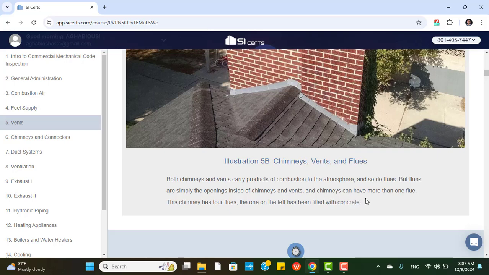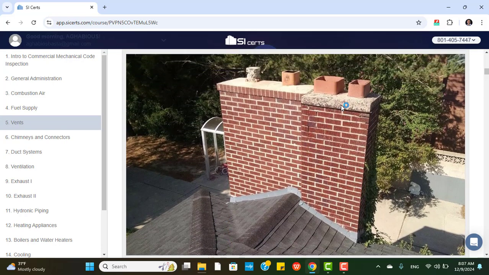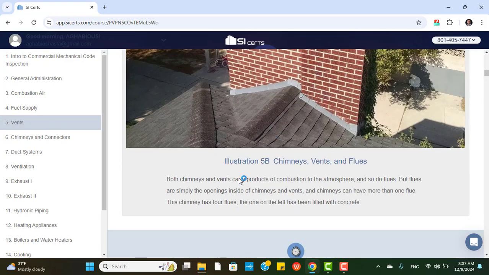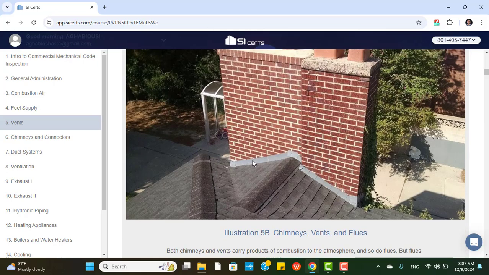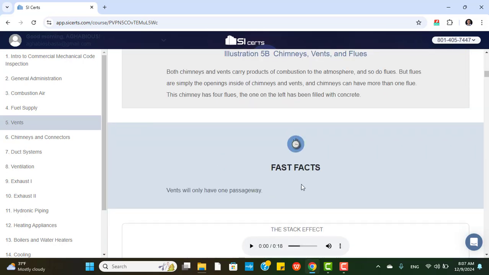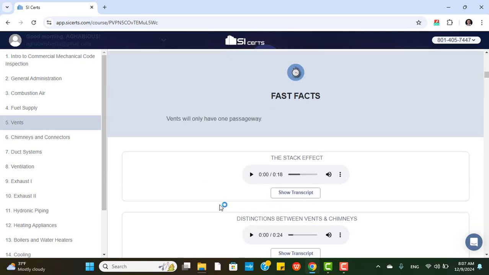And chimneys can have more than one flue. This chimney has 4 flues. The one on the left has been filled with concrete. This one is filled with concrete. Fast facts: vents will only have one passageway.